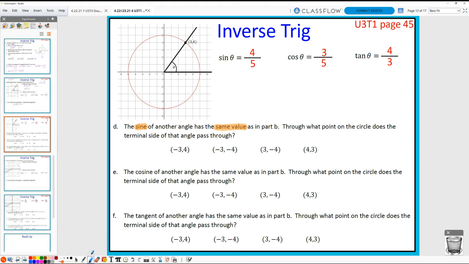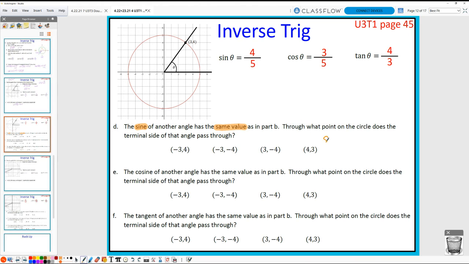So kind of like what we talked about before, like with the Ferris wheel, right? There's some seat where it has the same height. In this case, we're looking at the same sine value. Now, at first, it's kind of like, what is it talking about? What does it want? It wants some other angle where this is true.